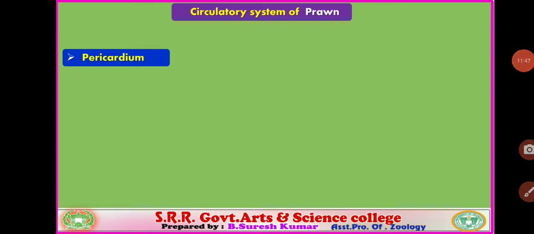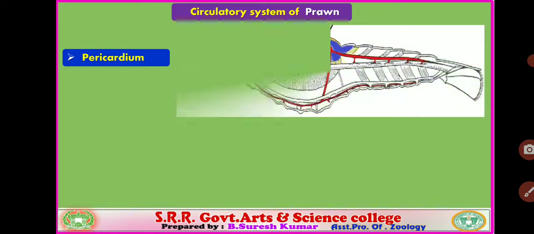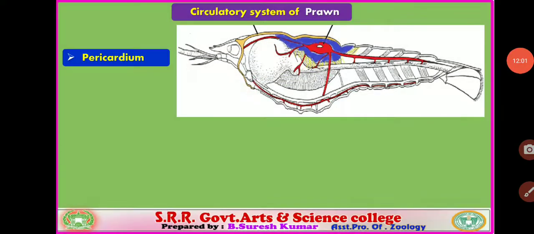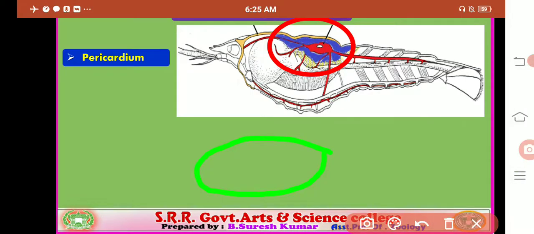Now the subsequent part of the circulatory system, that is pericardium. Peri means over, cardium means what? Heart. You observe this visual representation carefully. The heart at center, triangular shape, and around the heart you observe the area marked with the blue color.